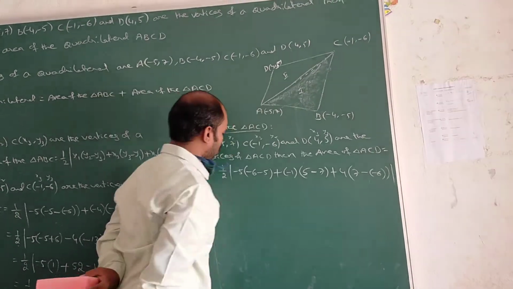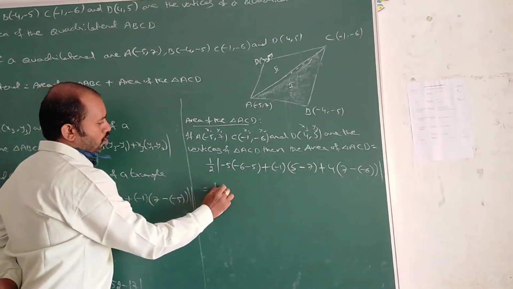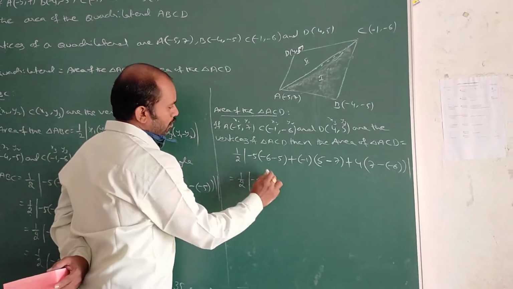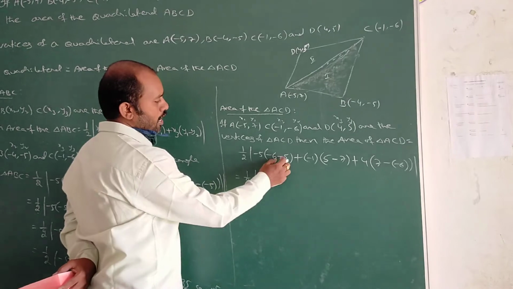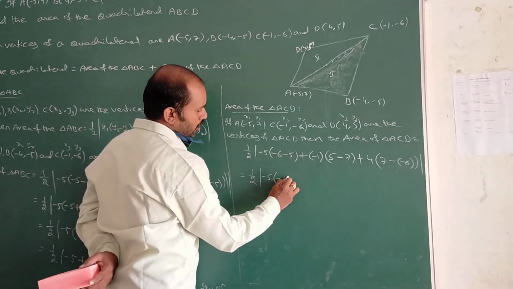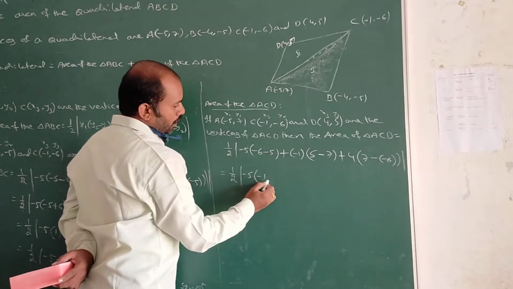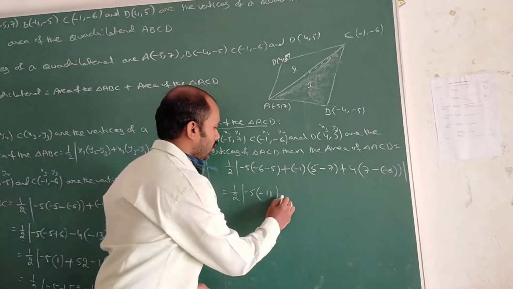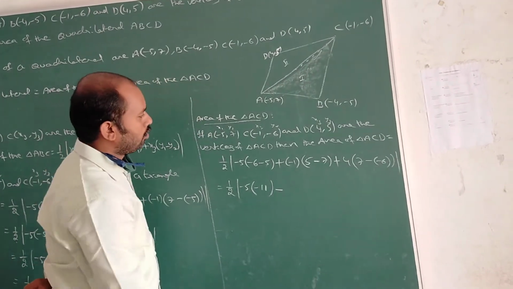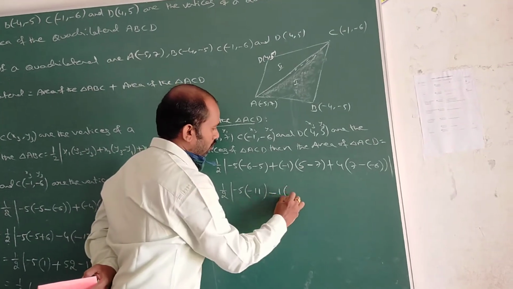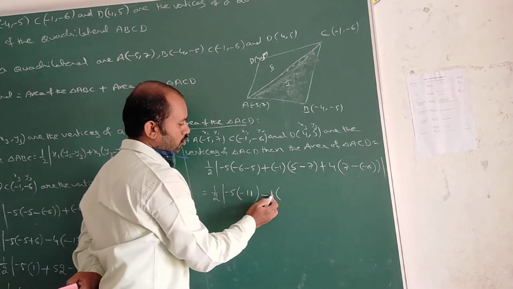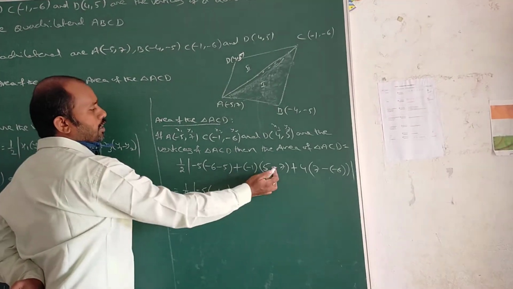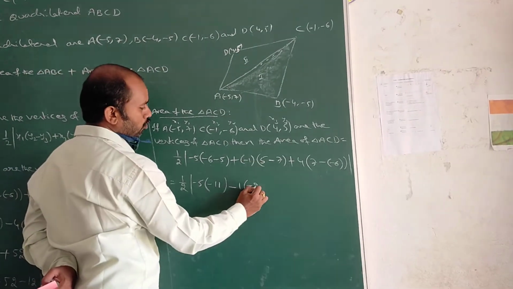Okay, modulus close. That is equal to modulus of minus 5 into in bracket minus 6 minus 5, both are adding, so minus 11 you get. Next plus into minus 1 is there, minus 5 minus 7, so 1 you get. Here minus value is more, so minus you get, minus 7 plus 5 you get minus 2.